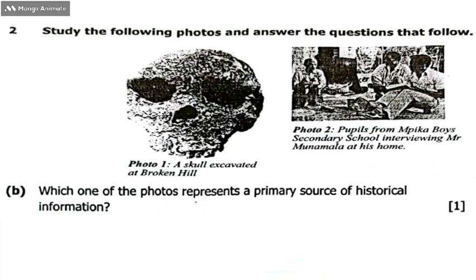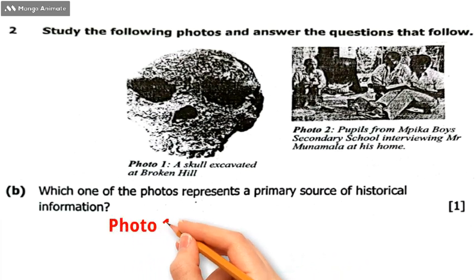So from the skull, you are able to get the original information from the doer. If you want to study Broken Hill man, you get the head, and it will tell you how Broken Hill man was. You are even able to tell how the person has evolved from the time of Broken Hill man to the present time, because you see the actual difference.